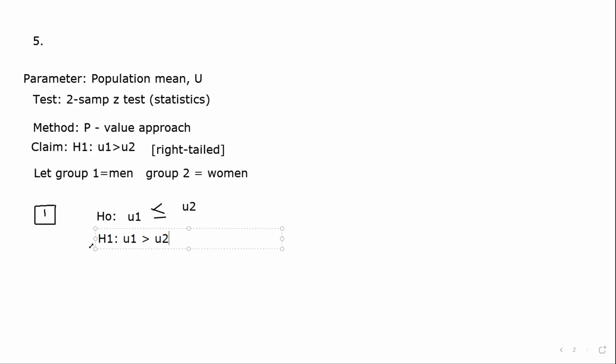So we have that. Now this is a right-tail test, and it's also the claim. So this is the claim here, and it's a right tail.